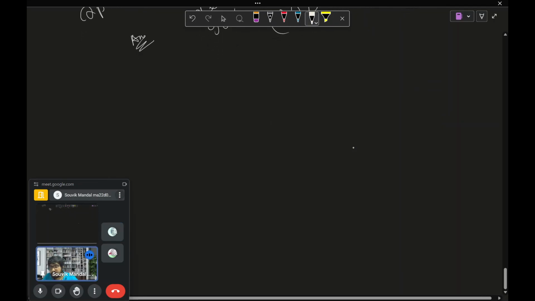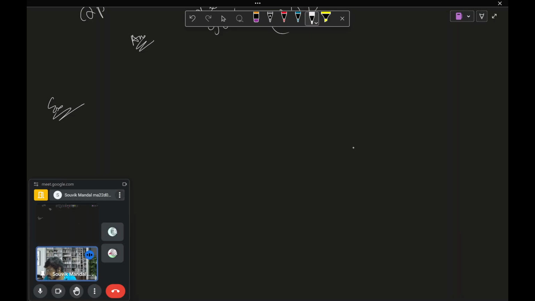So now let's go with some exercise. This is one very important and very useful exercise actually.